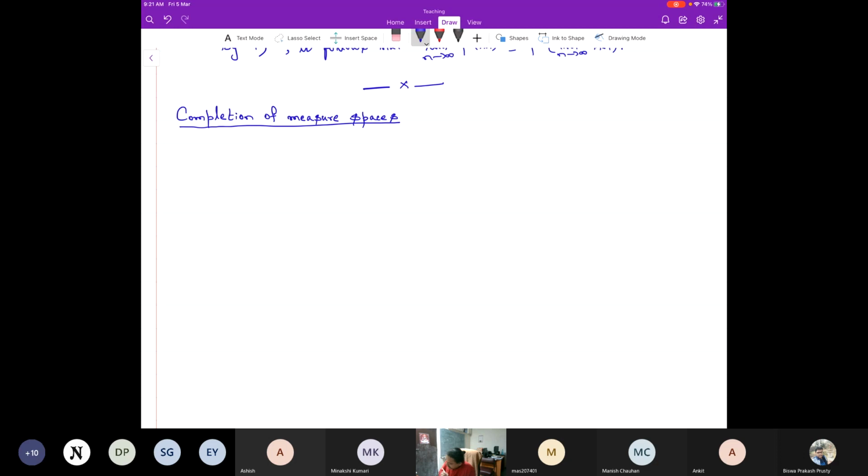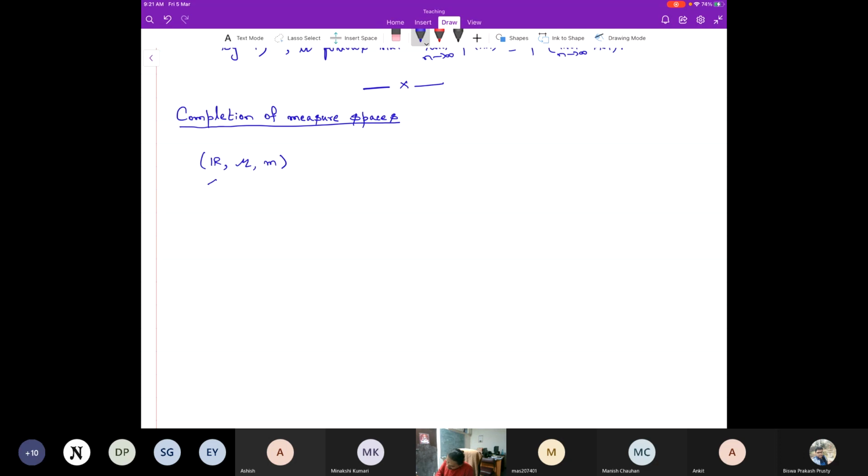As usual, we have been taking motivation from the so-called Lebesgue measurable sets. So consider this measure space: R, M, m. The usual Lebesgue measure space. M is the space of Lebesgue measurable sets and m is the Lebesgue measure.